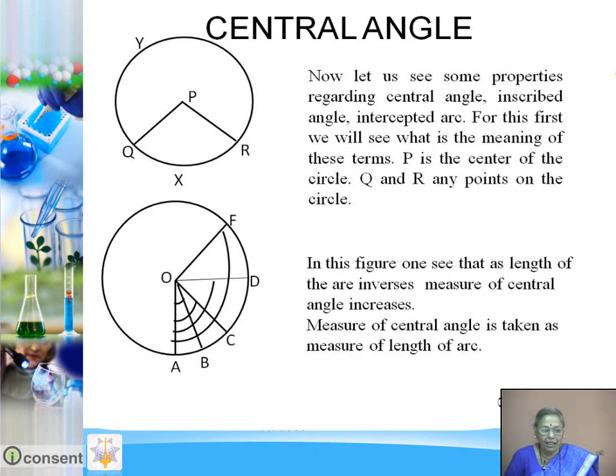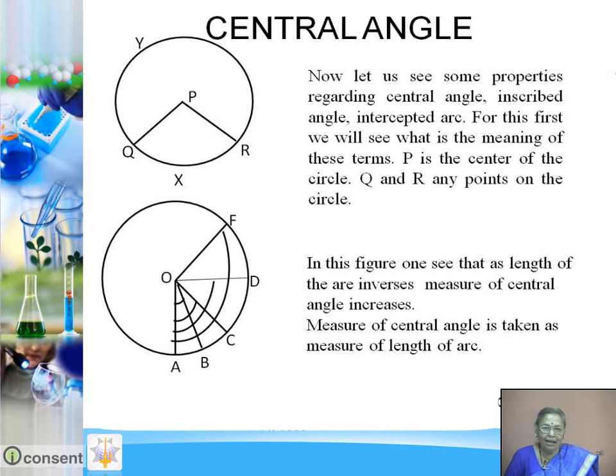If the measure of angle QPR is 70 degrees, then the measure of arc QXR is also 70 degrees. Now you will see that the other part which is formed will have a measure equal to 360 minus 70.